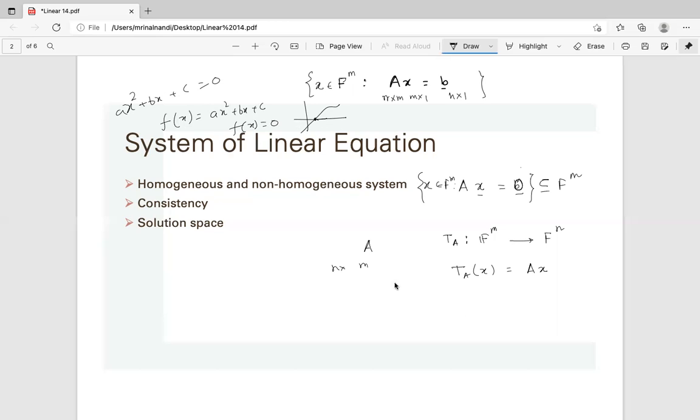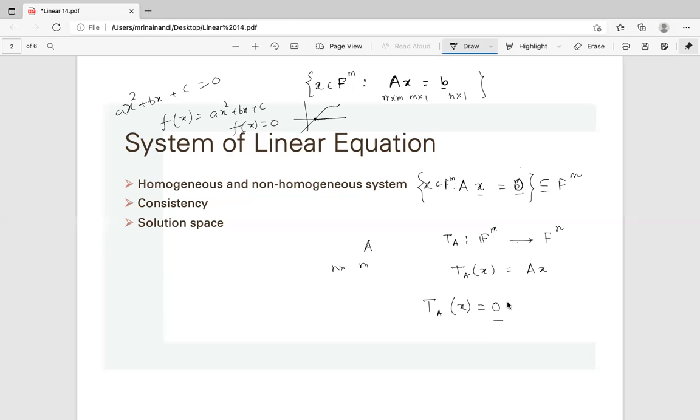The similar thing here. When you talk about this equation, we actually don't see it as an equation. You should think of it as a function, x goes to Ax. So this is a linear transformation, and we actually want to find all x such that T(x) equal to 0.